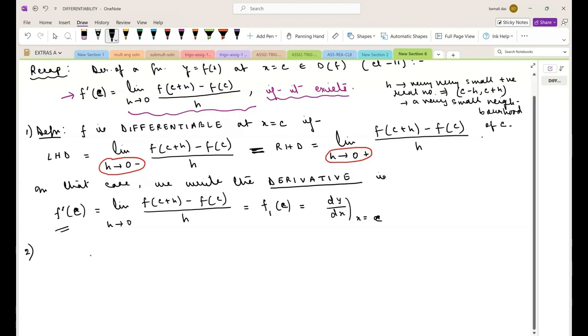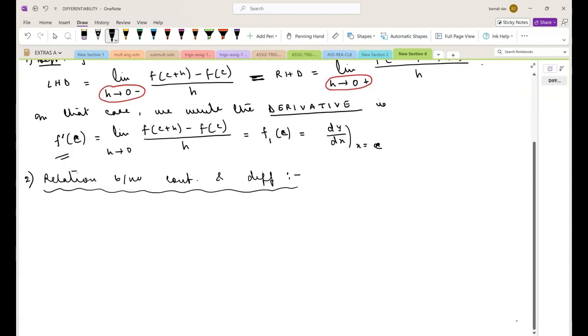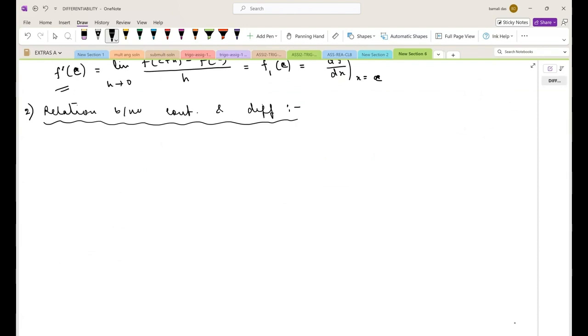Okay, so the next important point is the relation between continuity and differentiability. This is a very, very important point. Before going into the relationship, let us do a very small recap of the definition of continuity.